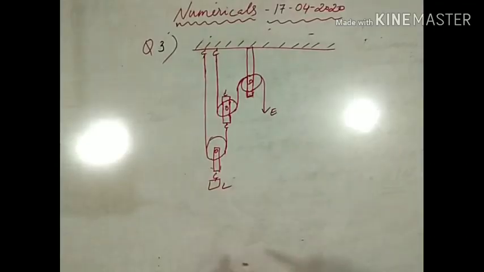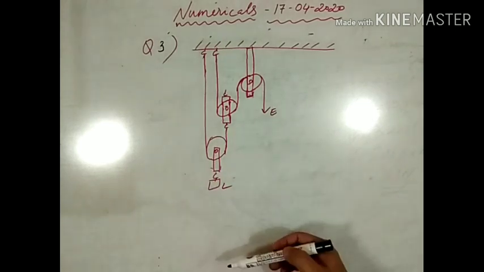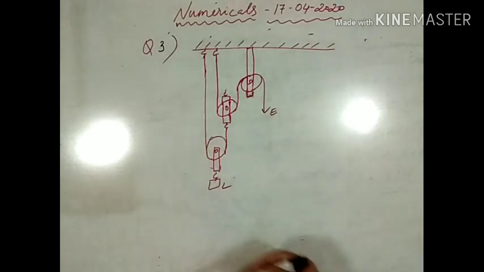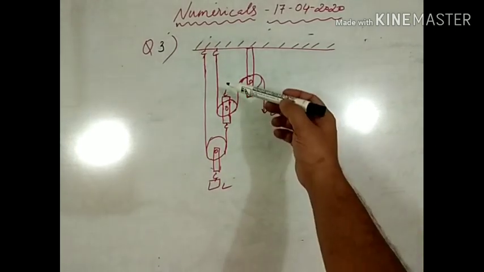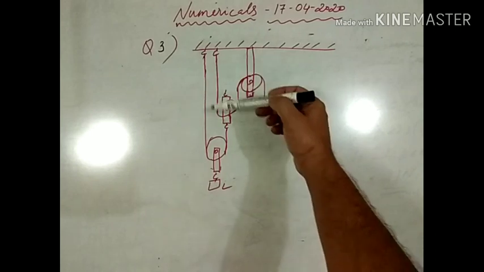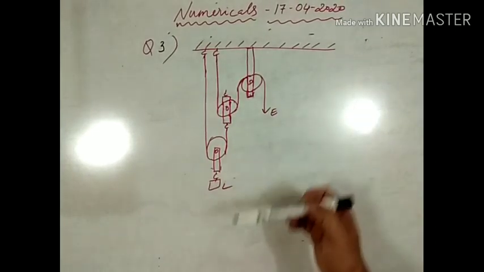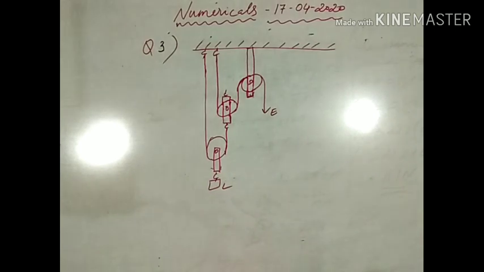Now, look at the diagram which is drawn on the board. As you can see, it is a single movable pulley system with 2 fixed pulleys attached. The function of the 2 fixed pulleys is to change the direction of the effort applied. Okay. The first part, show the direction and magnitude of the forces exerted by the 4 strings marked 1 to 4.